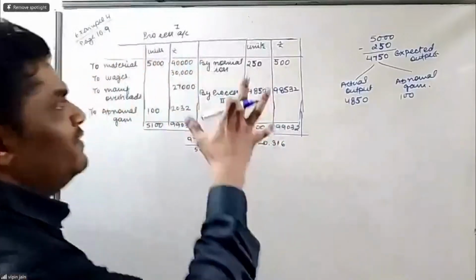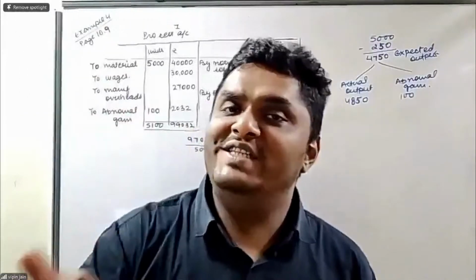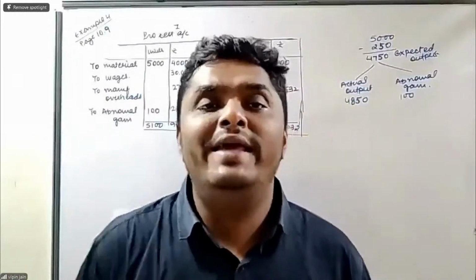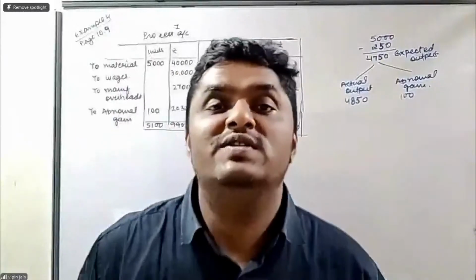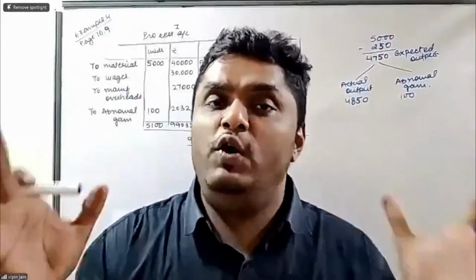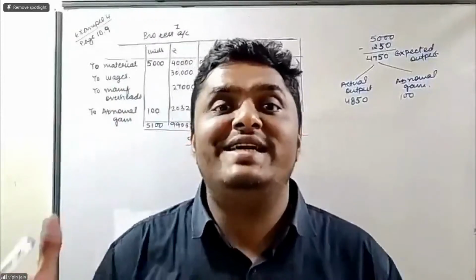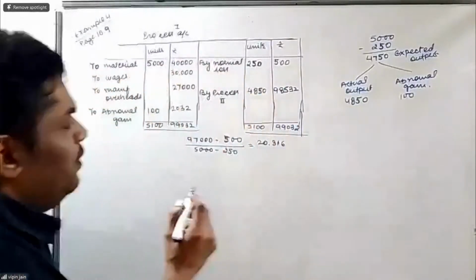See, I was expecting a normal loss of 250, but actual loss हुआ ही कितना? 250 minus 100. Only 150 units was the loss. I was expecting a normal loss of 250 units, but my actual units that are scrapped in the market are only 150 units. So, very simple, guys.